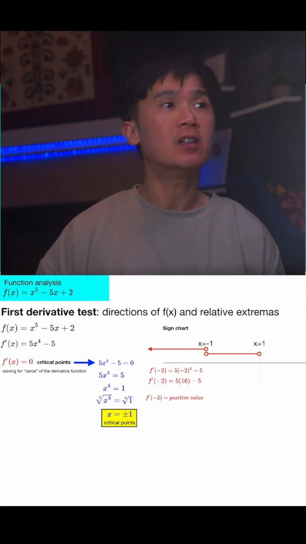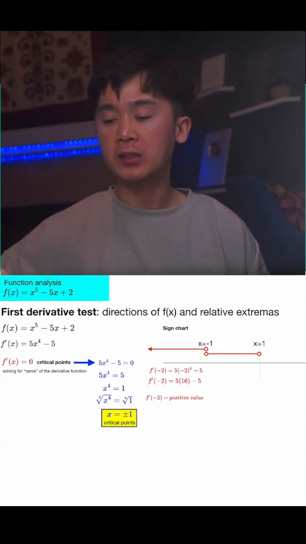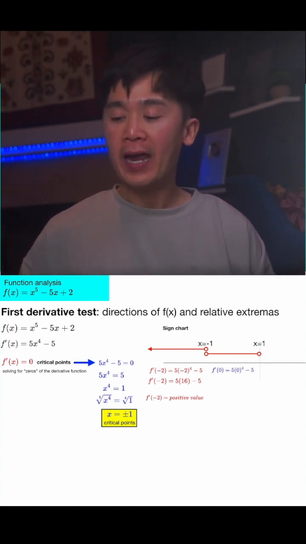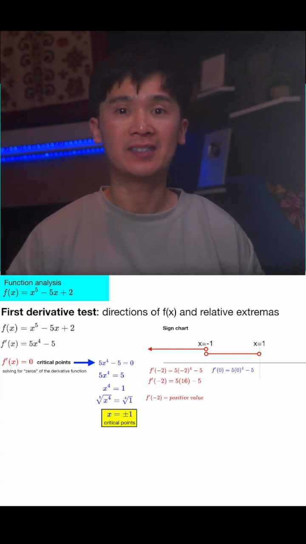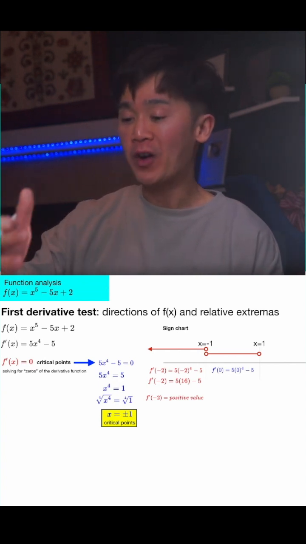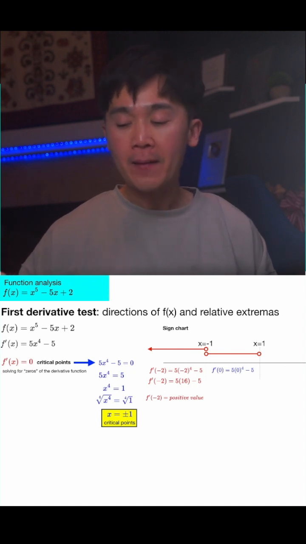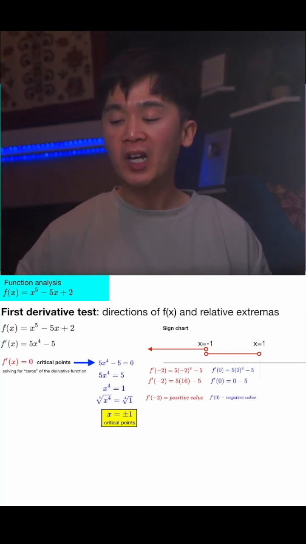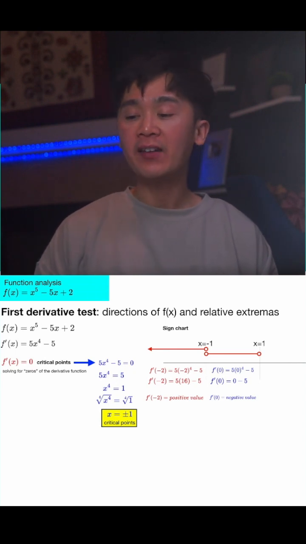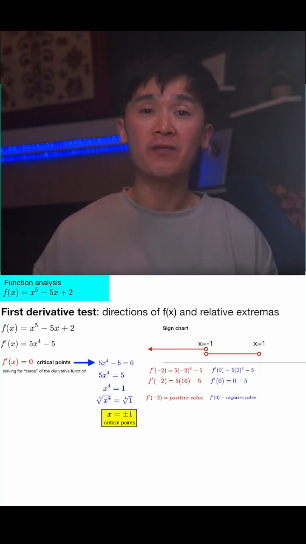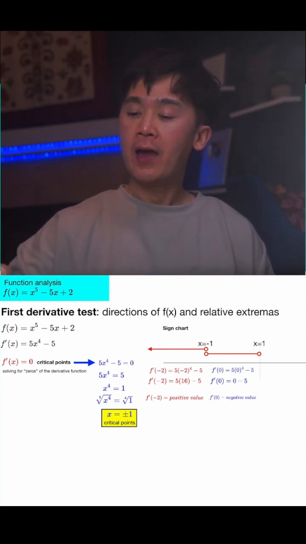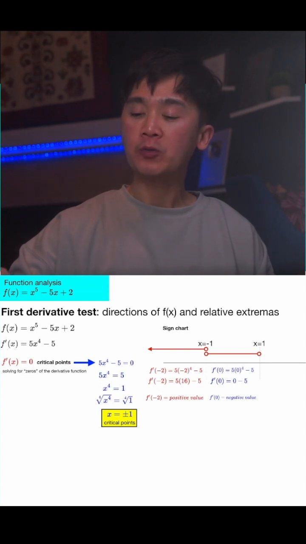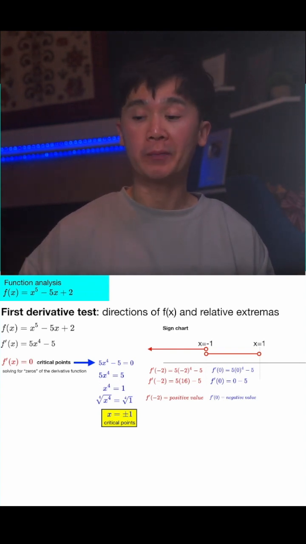For the second interval, in between negative 1 and positive 1, we will assign a value. Let's assign 0, because it's the easiest number to use between negative 1 and 1. Plugging 0 into our derivative function gives us a negative value. Therefore, the direction of the slope for any values between negative 1 and positive 1 is going to be negative.